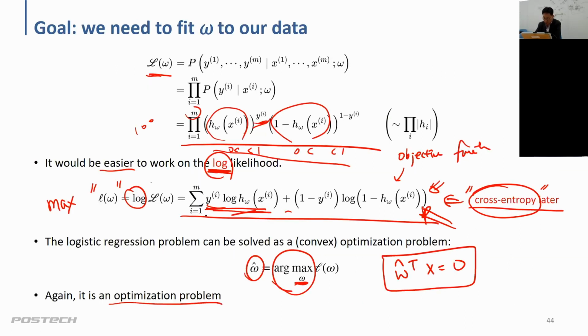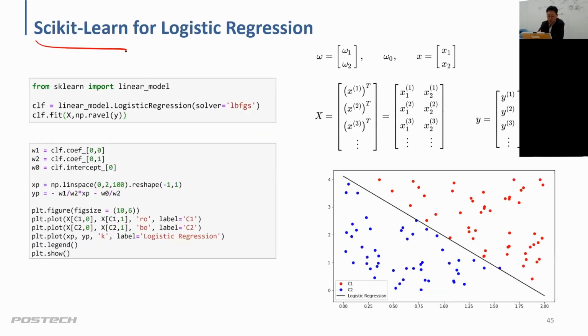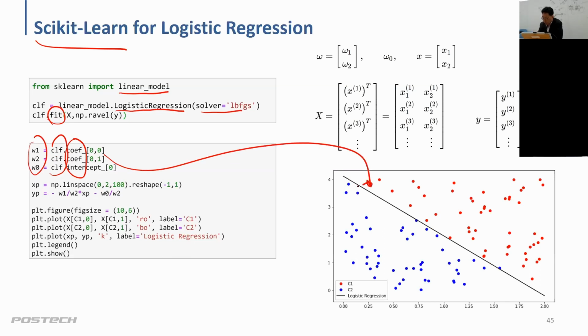Again, to solve this kind of optimization problem, you can do gradient descent, or since this is a convex problem, you can use convex optimization methods. But I'm not gonna do that here. I'm gonna use scikit-learn to solve that problem. Let me show you here. Again, it's a linear model. We have logistic regression, and there are solvers, and you can fit it, so we can get all the coefficients, and that's how we plot it.